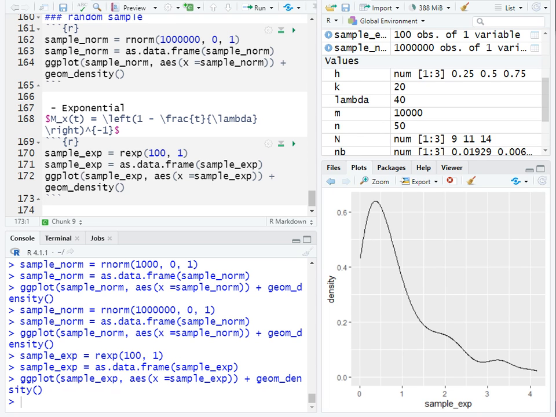We can see that it is positive and it has slightly higher probabilities of obtaining values beyond 2.5, as was the case for the normal distribution.